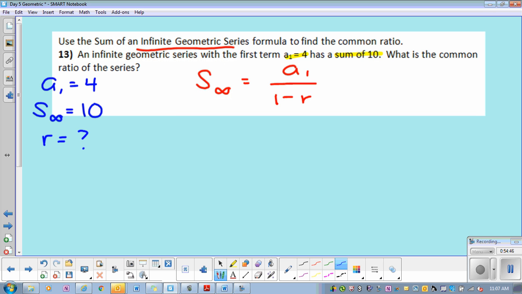This is actually not bad. You can set this up like a proportion. A fraction equal to a fraction, you can cross multiply, right? The sum, we can plug in 10. What is a sub 1? 4, over 1 minus r.